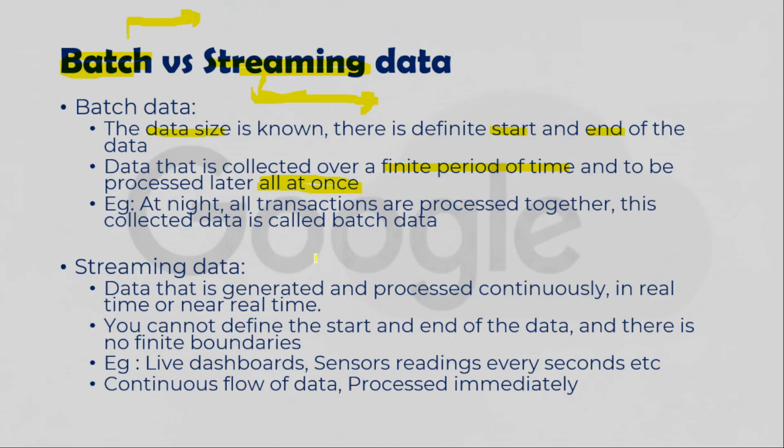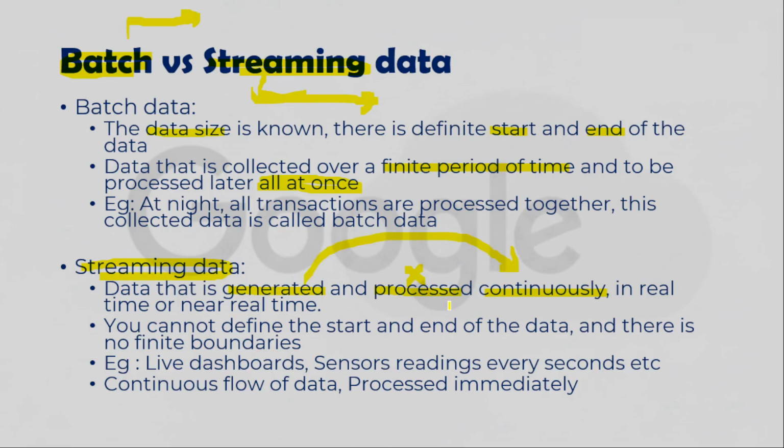Next we have streaming data. Streaming data is the opposite of batch data: it is generated continuously.